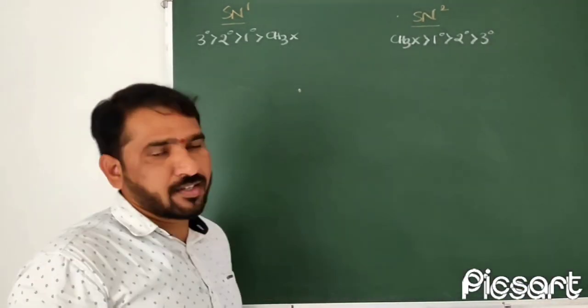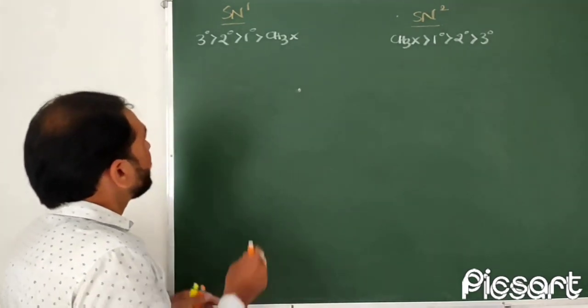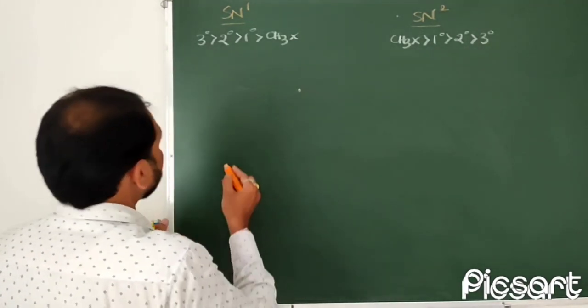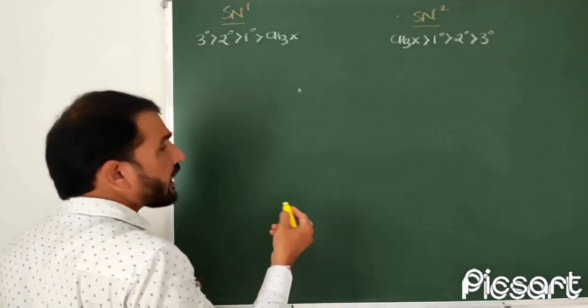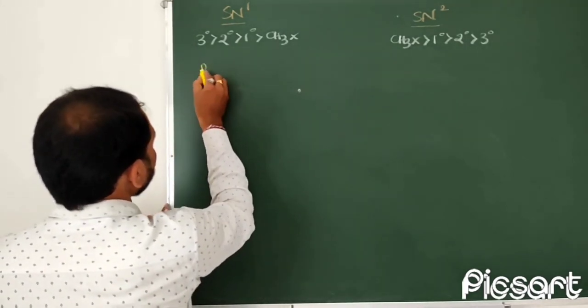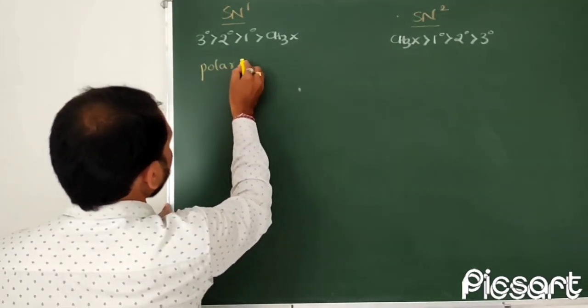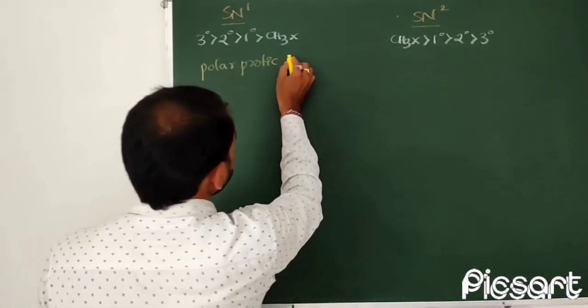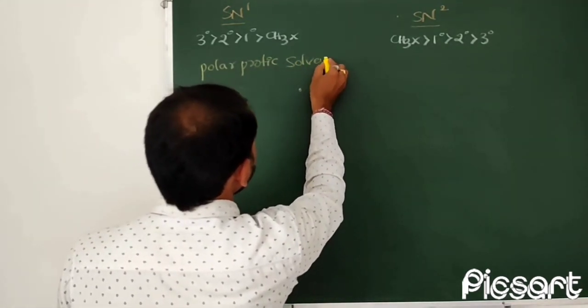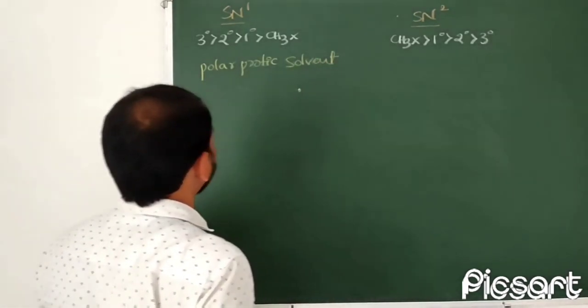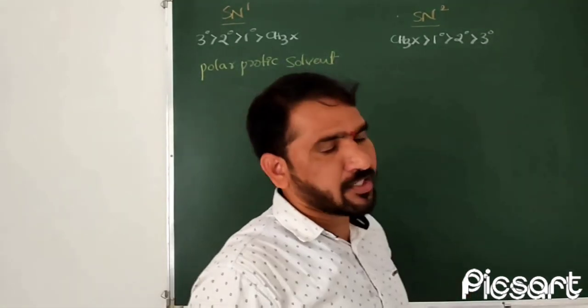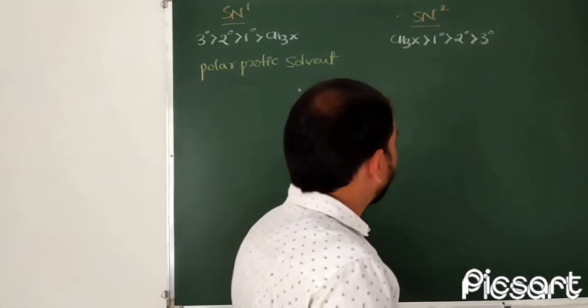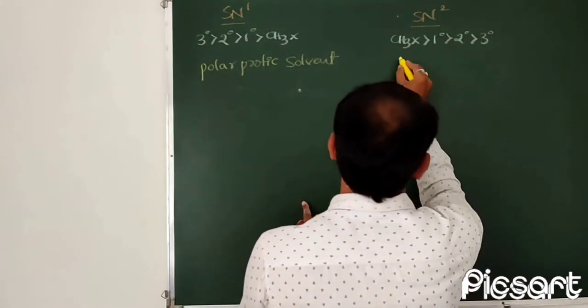Then coming to the next factor, solvent effect. Here the SN1 reaction is favored by polar protic solvent, and the SN2 reaction is favored by polar aprotic solvent.